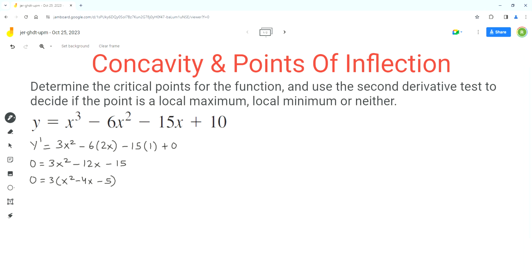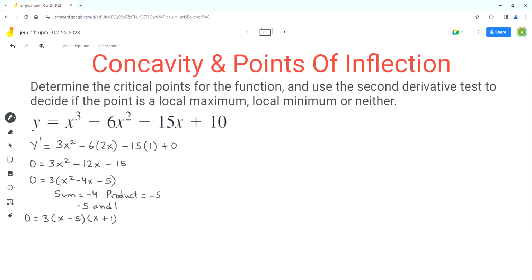So we have to find two numbers whose sum is negative 4 and product is negative 5. And the numbers will be negative 5 and 1. So we can write the factored form as 0 equals 3 times (x minus 5)(x plus 1). So this is the factored form.